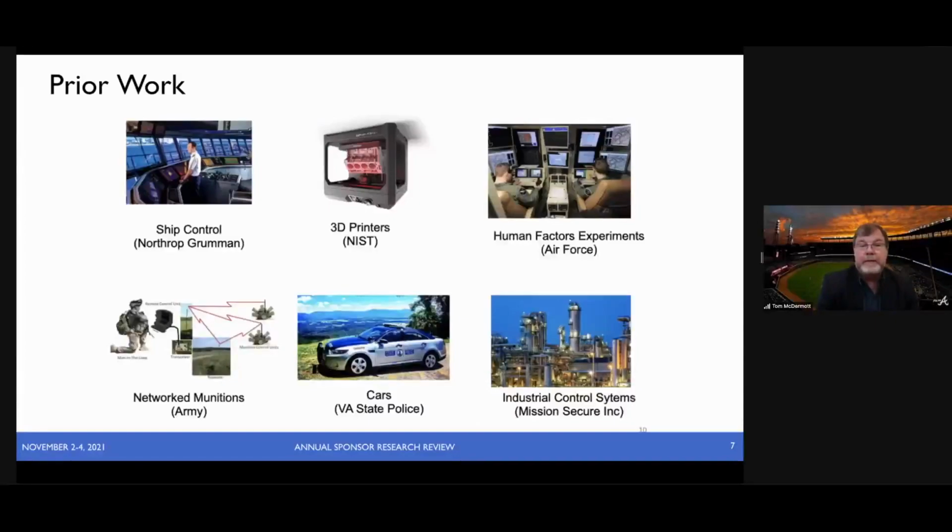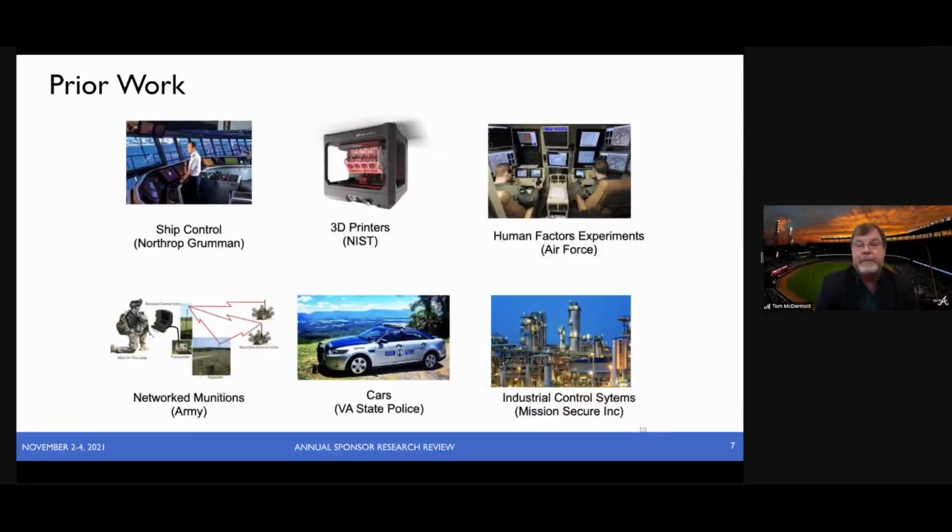This work has been applied to many different domains over its history. We talked about the drone that we started off with, but it's also been experimented with in ship control systems, 3D printers, police cars, and industrial control systems. In fact, some components have been patented and applied into a company that supports this.